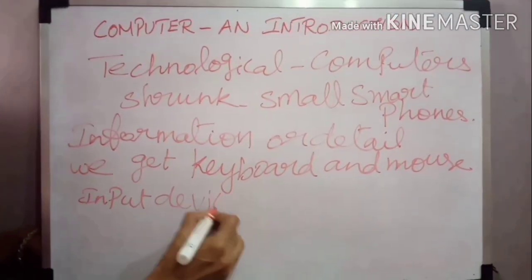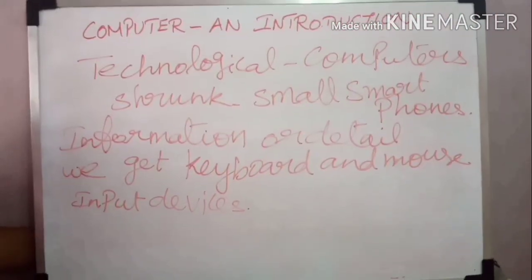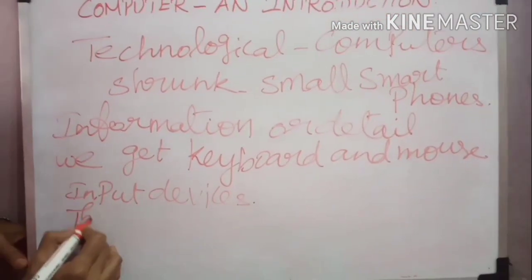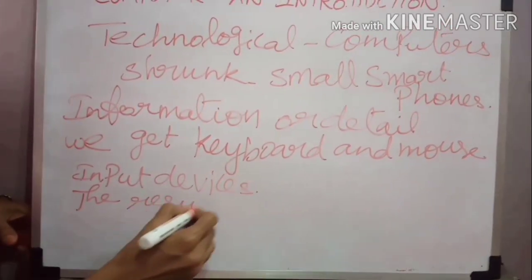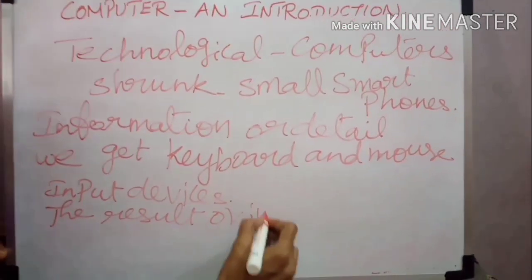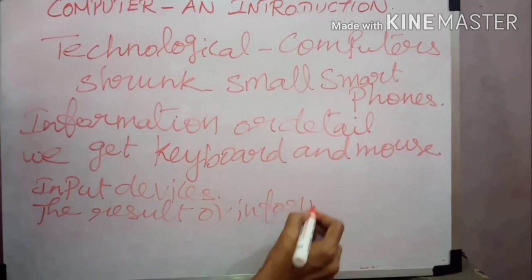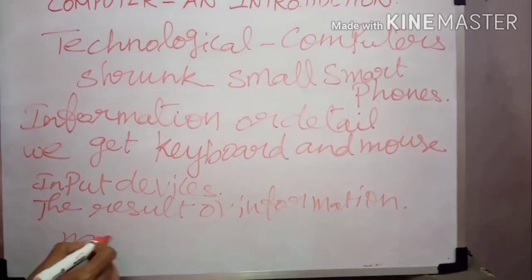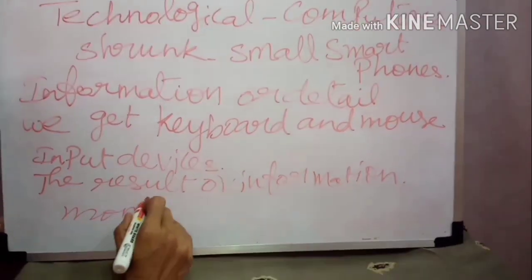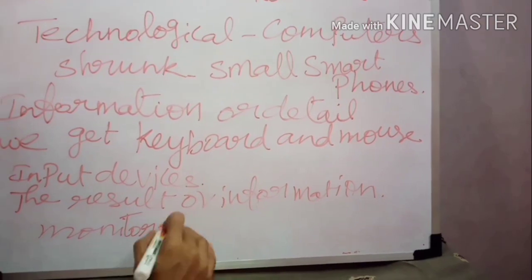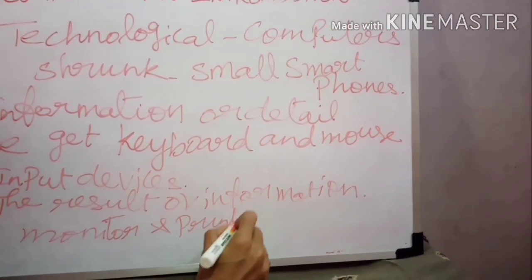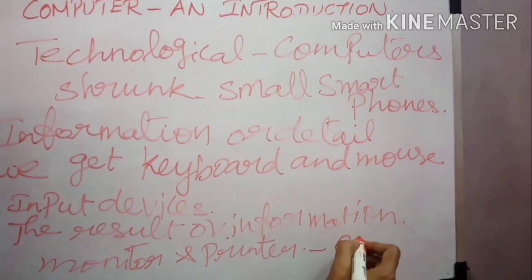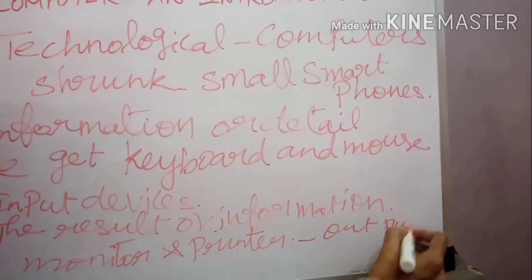What are the input devices? Keyboard and mouse. The result or the information we can get through the monitor and printer. This monitor and printer are called output devices.